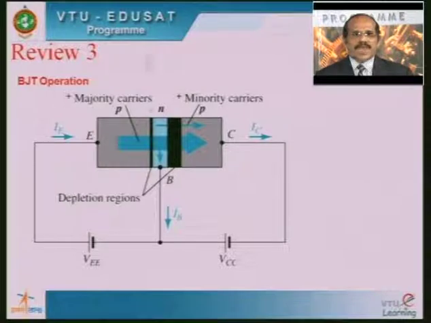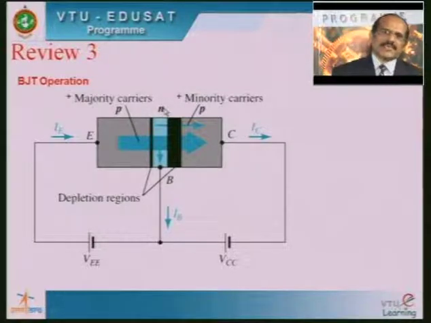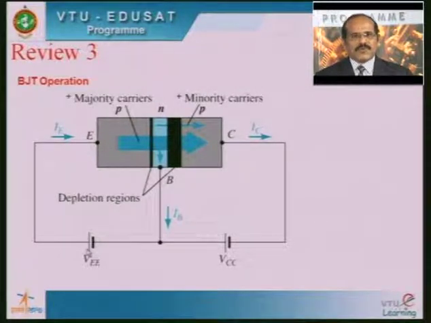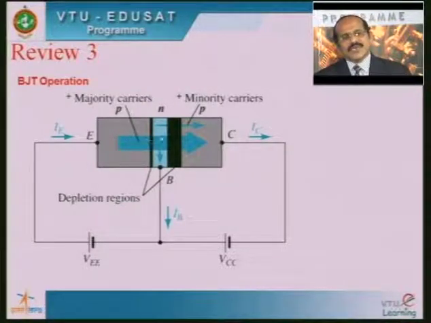We have a PNP structure here. In the P layer the majority charge carriers are holes, and in the N layer they are electrons. So whenever we connect the P layer to the positive terminal of VE, the holes get repelled by the positive terminal, diffuse across the depletion region and move into the N layer.